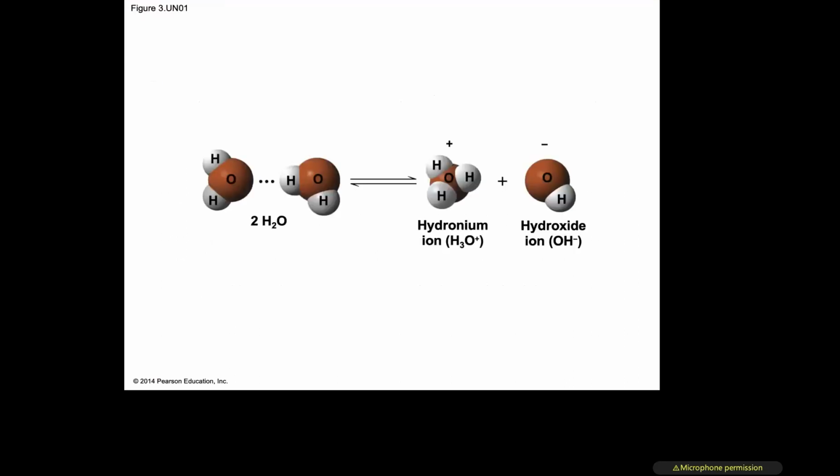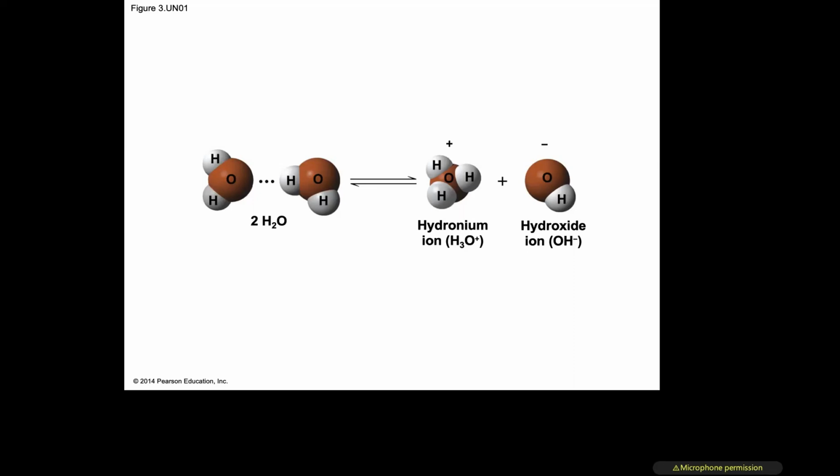Your water is in a constant state of fluctuation. As you can see, the covalent bonds actually do make and break in water. They're still strong, don't get me wrong. They're still stronger than hydrogen bonds, but they will break.